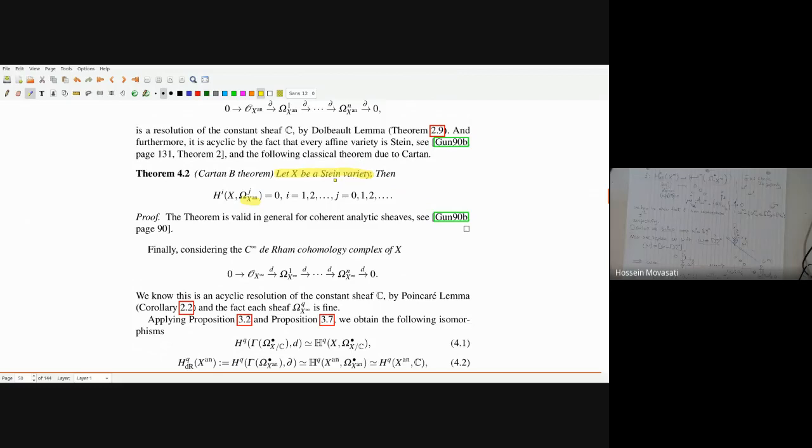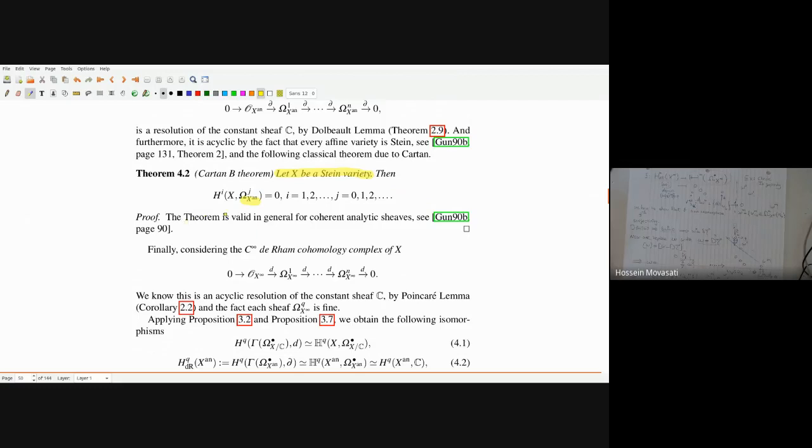Whatever it is, just think that affine varieties are Stein varieties. So Stein varieties are a kind of generalization of affine varieties in complex geometry. It is a bigger class of varieties, complex manifolds actually, containing affine varieties.